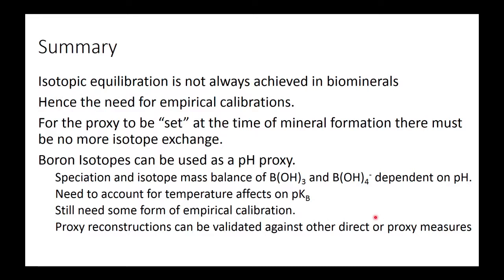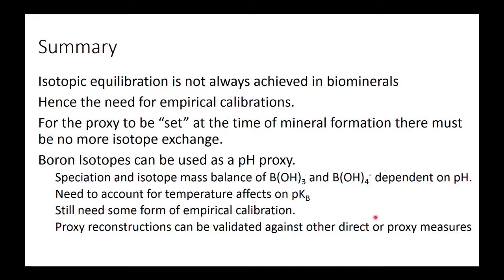Although if we do an empirical calibration, if we just go out and measure some things that grew at different temperatures, we get the same kind of relationship that we would expect from theory, but we don't get the exact values. So we have to use these calibrations to use paleotemperature proxies.